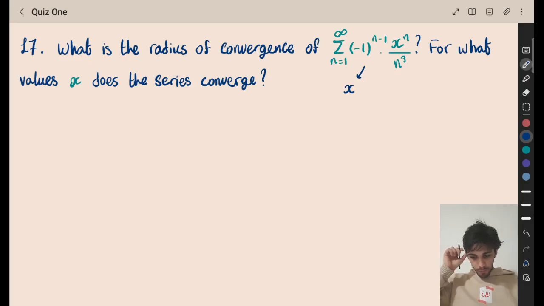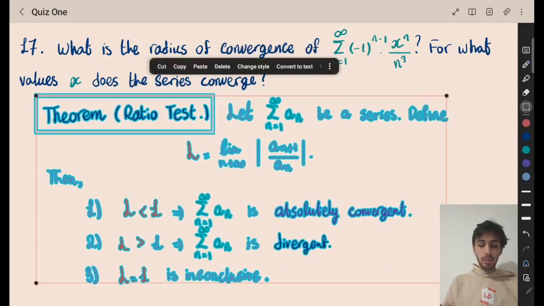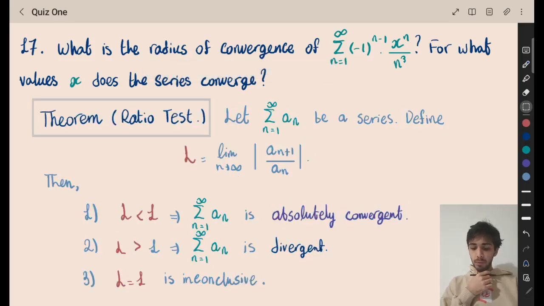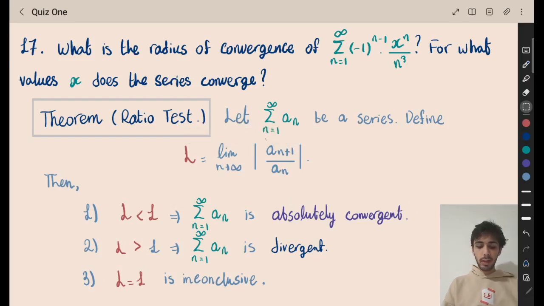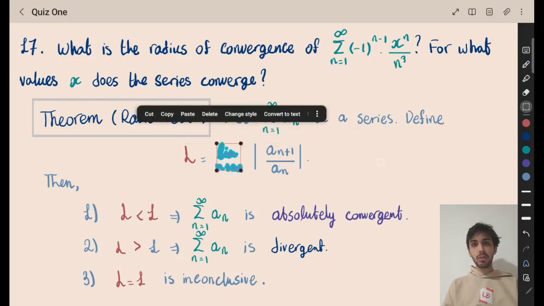Now, let me start by introducing the machinery you will be using to tackle this problem, namely the ratio test. The ratio test provides a criterion for the absolute convergence of a series. And it tells you this: you take one term, you divide it by the term preceding it, so you take a_{n+1}, divide it by the preceding a_n, and you take the limit as n goes to infinity.